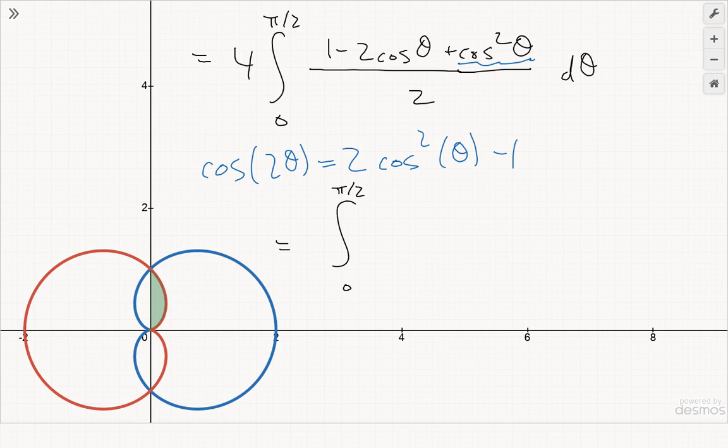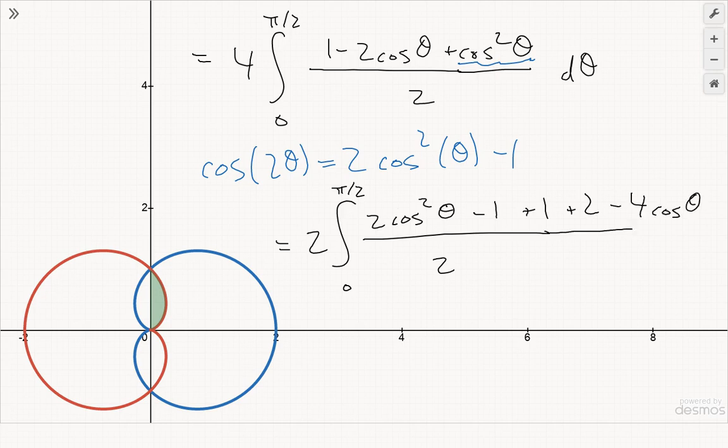So I'll bring the 2 in, 2 cos squared theta minus 1, and so then I have to add plus 1, and so we get this.